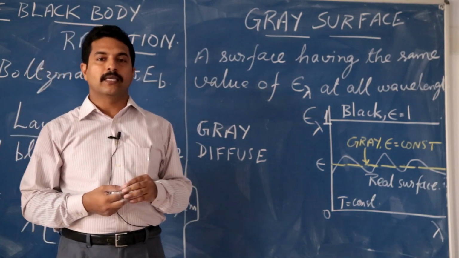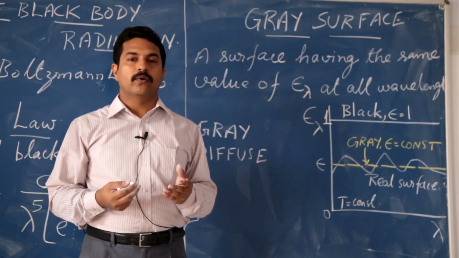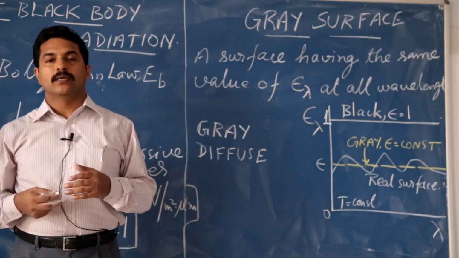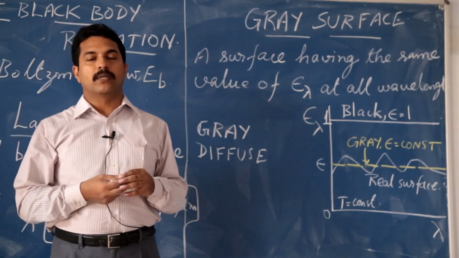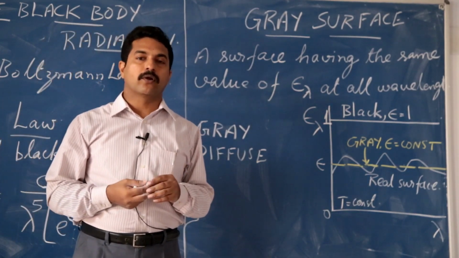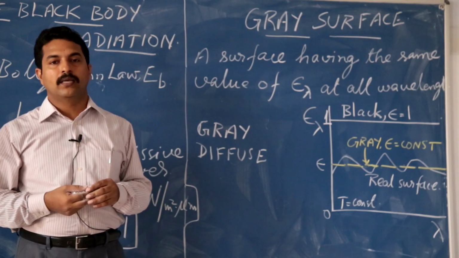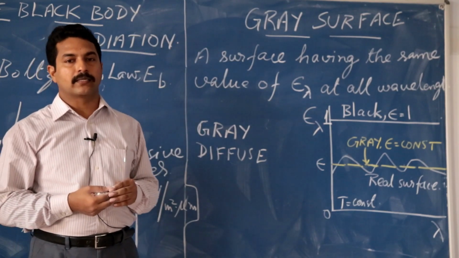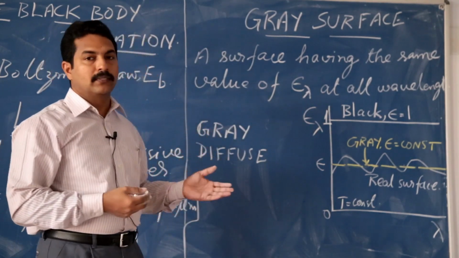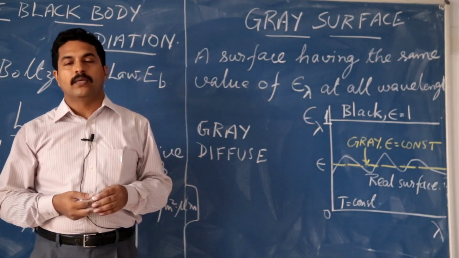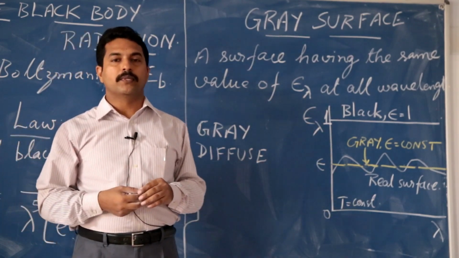So if you are considering the emissive power, we no need to consider it as total hemispherical, because it no longer depends on wavelength or direction. So gray diffuse is an idealization, in order to make the problem easier.